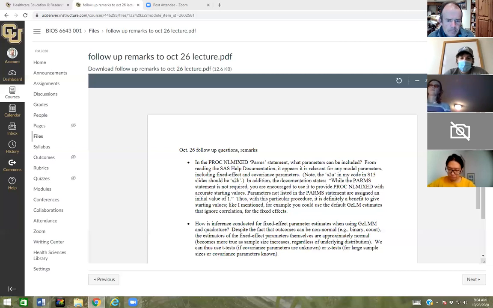And one being that we don't have a good way to deal with serial correlation, because we can add random effects. So we can add a random intercept. We could add even a random intercept plus a random slope for time, things like that. But we don't have a good way to add the AR1 structure to those kinds of models.